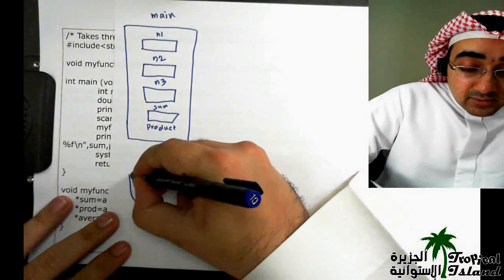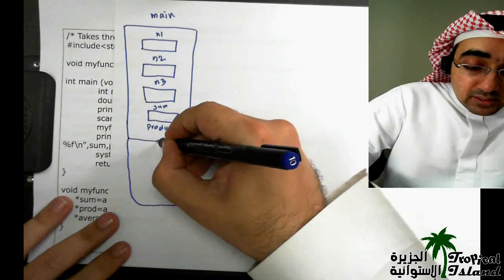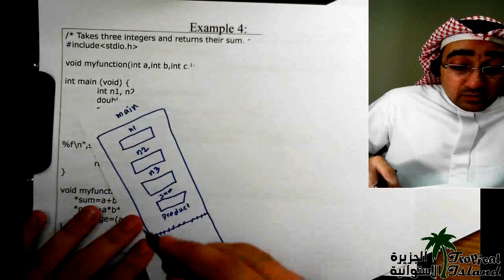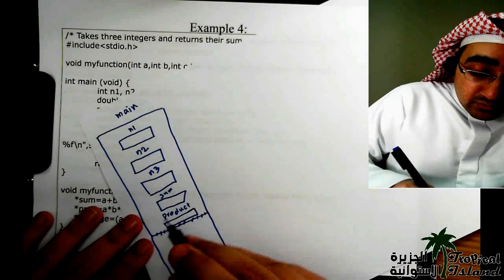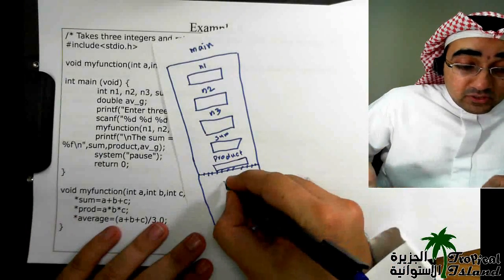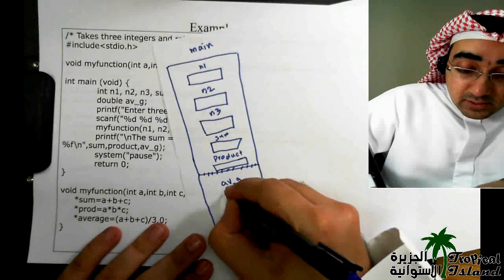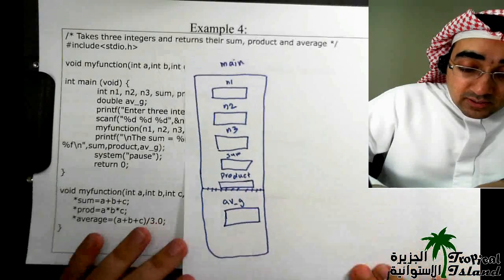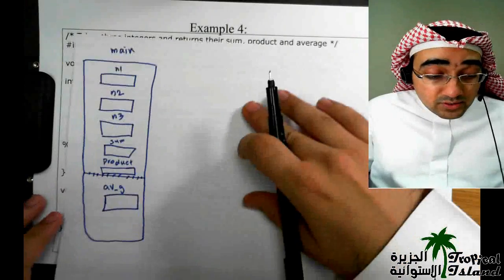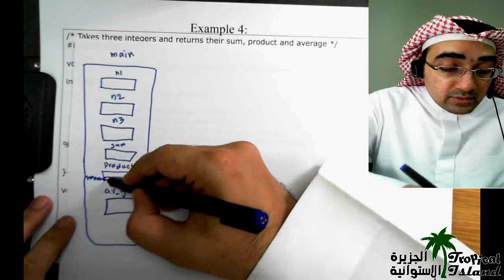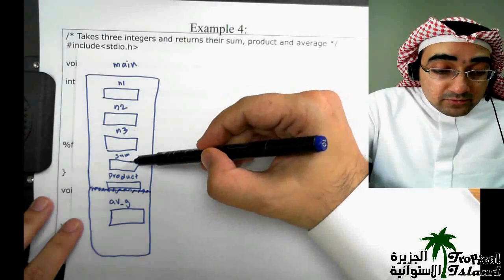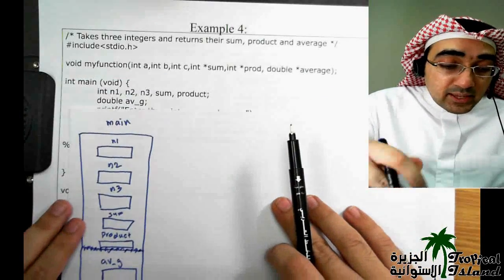I'm going to extend the main memory over here. And then I have double avg, so I have avg as a double variable here. Sorry about this, I should have made a longer one. So I have n1, n2, n3, sum, product, and average.